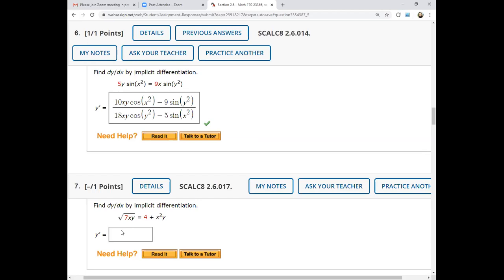It's still messy, I still have to deal with the root, but not the fractions. So then I have 7y times (7xy) to the negative half plus 7x times (7xy) to the negative half dy dx equals 4xy plus 2x squared dy dx.